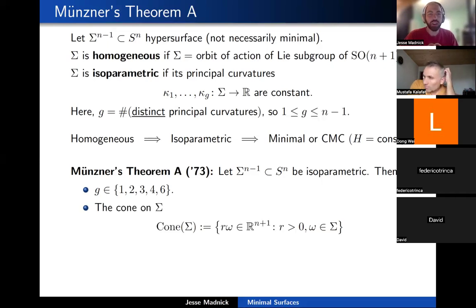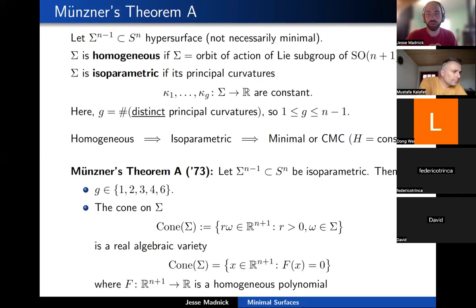And he also showed that the cone on sigma has a very interesting structure. I've been hinting at this structure in the previous examples. The cone on sigma turns out to be a real algebraic variety. So again, very strange. All we've assumed was a curvature condition, and we're deducing that the cone is algebraic.